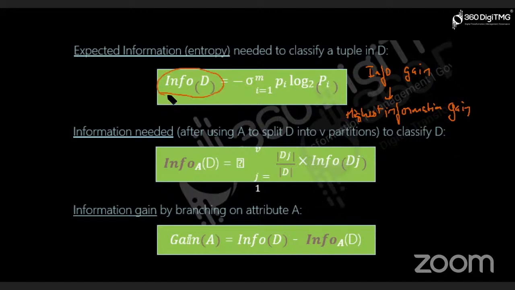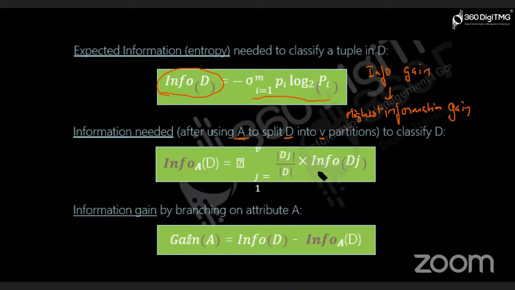Information gain on D: we take all the attributes here and find the information gain. After we split using our attribute A into v partitions, where D stands for decisions, however many partitions you split into, this is how your information gain formula is given.